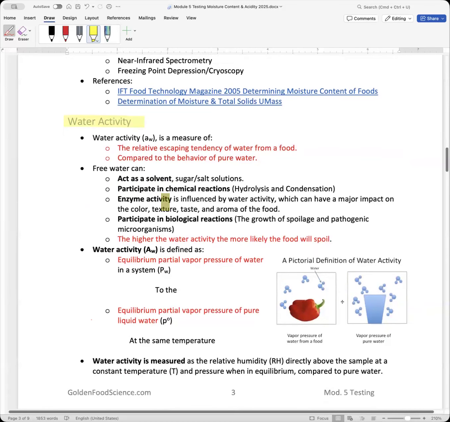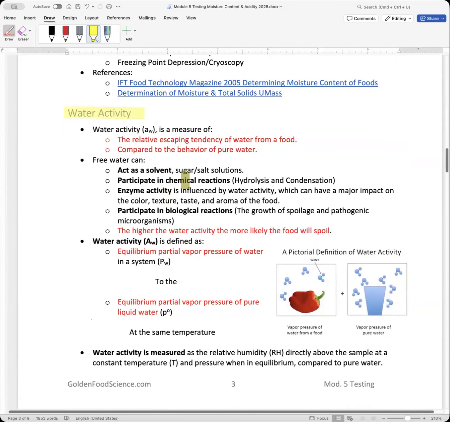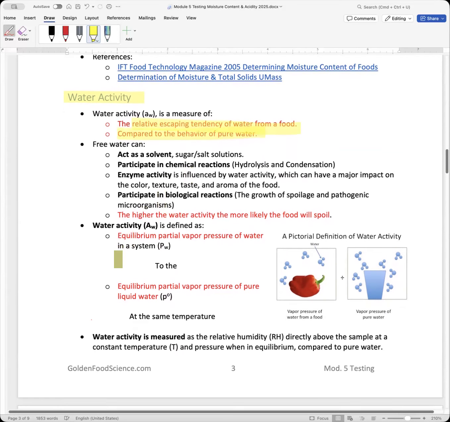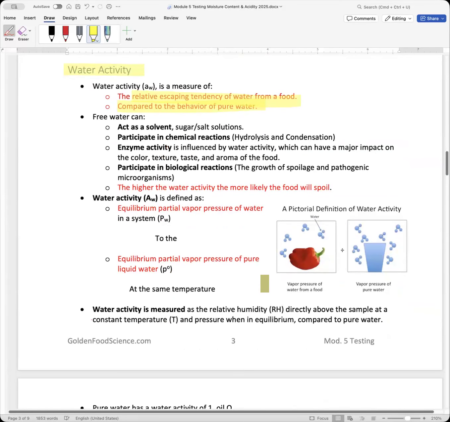So the water activity is the relative escaping tendency of water from a food compared to the behavior of pure water. So if we have this on my little picture down here, a pictorial definition of water activity. Here's the water in food. If you have a cup of water and you leave it long enough, eventually all the water evaporates, right?